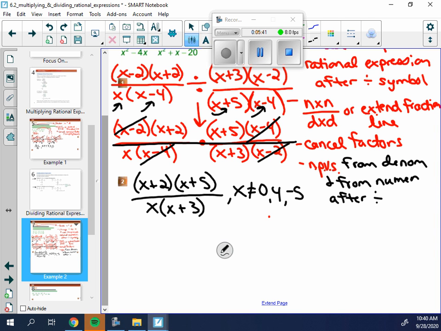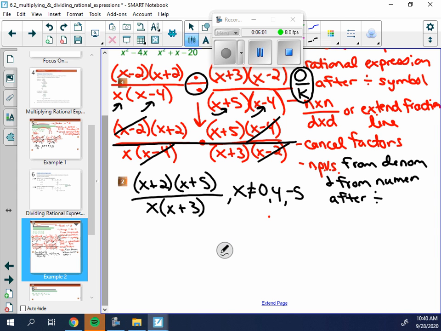However, remember, this fraction up here, it's okay to have a 0 on the top, because a 0 on the top of a rational expression is allowed. But what is 0 divided by anything? 0. And then you're dividing by 0, which is not allowed. Do you see how that works?